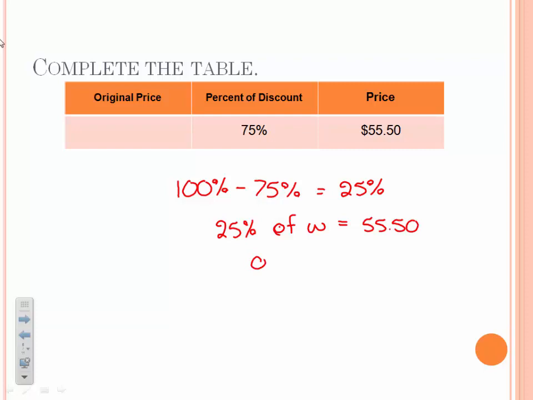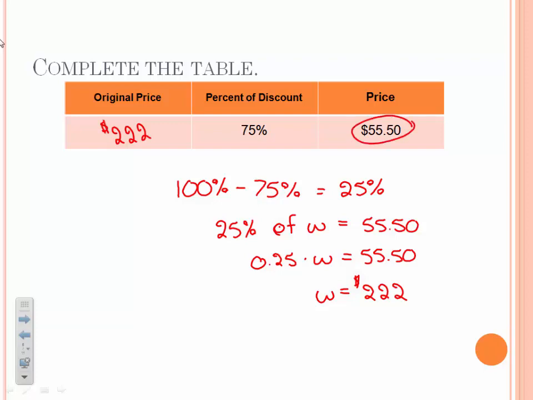So now we have 0.25 times W equals 55.50. So now we divide both sides by 0.25, and when we divide that, we get $222. So the original price of the item is $222. So if you buy it for $55.50, that's a great discount.